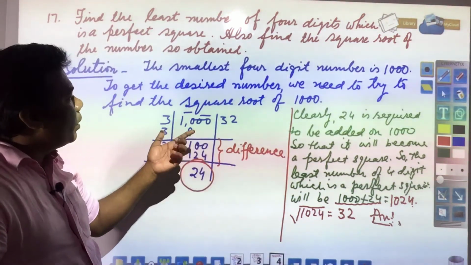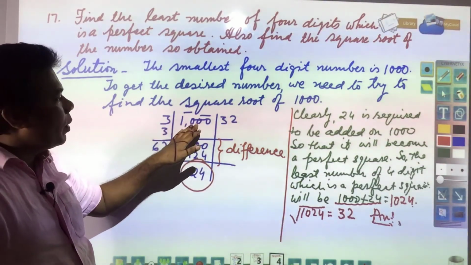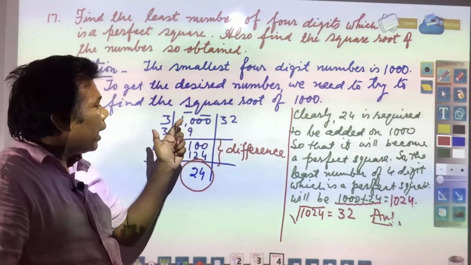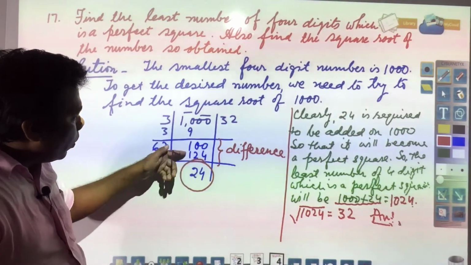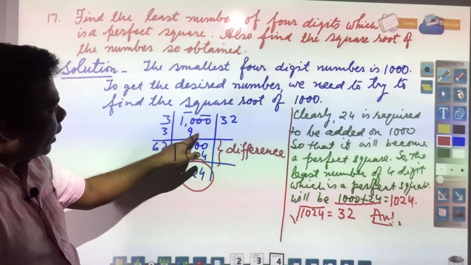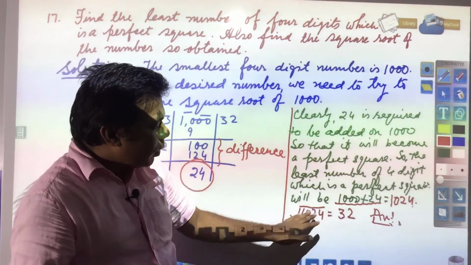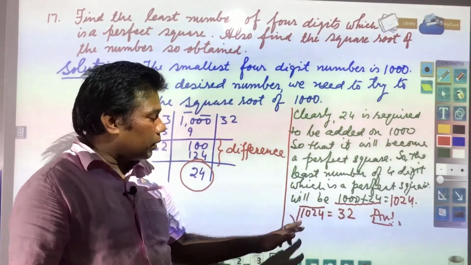The smallest 4 digit number is 1000, but this is not a perfect square. So we need to find out what number is required to be added on this so that it will become a perfect square. We found that 24 is required to be added, so 1024 is the least number of 4 digits which is a perfect square.